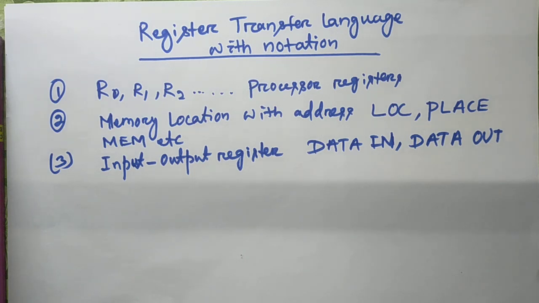Normally we know that register transfer operation means data transfer from one register to another register, or the operation performed on the data stored in the registers, which are referred to as register transfer operations.